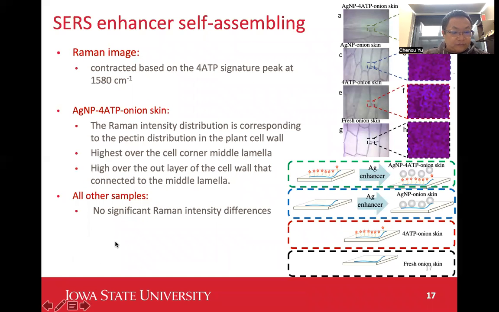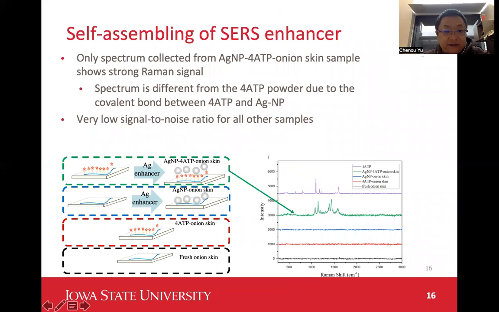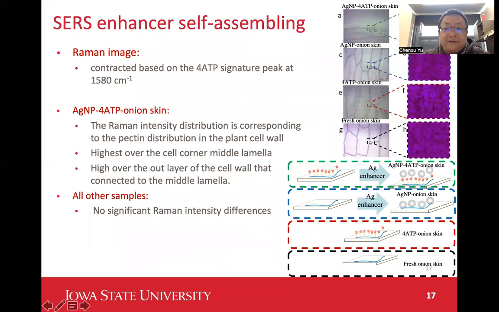And now, here shows some of the results that we have obtained, right? The first panel here is an optical microscopic image of an onion skin cell. You can see the cell walls here. And with the technique that we developed, we looked at different locations throughout the cell wall structure, at the corner versus in the middle, to identify where we're observing the most change before and after hydrolysis.